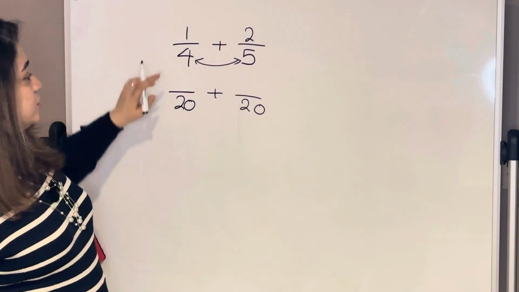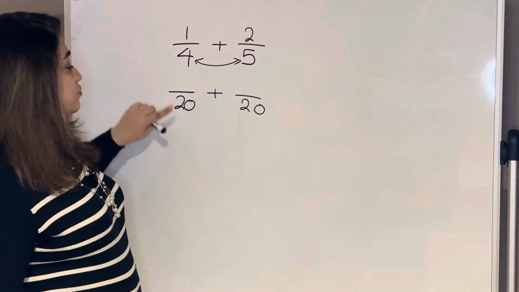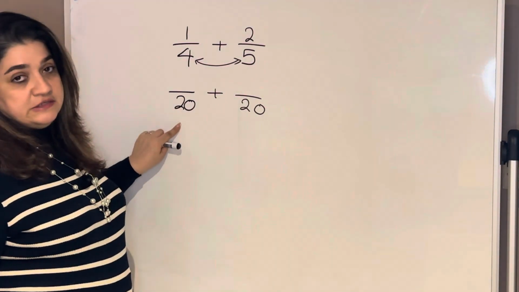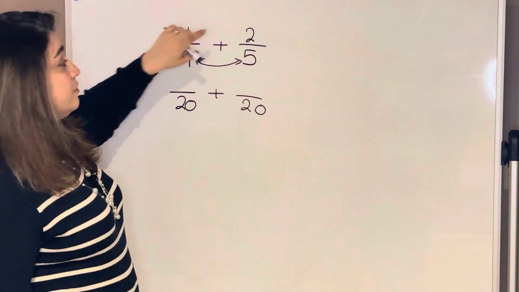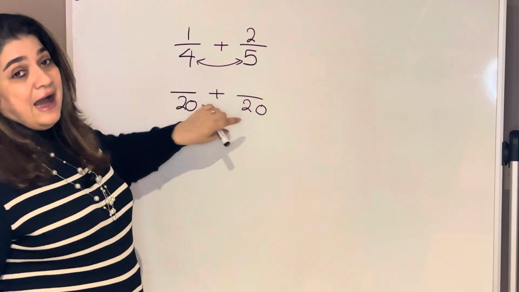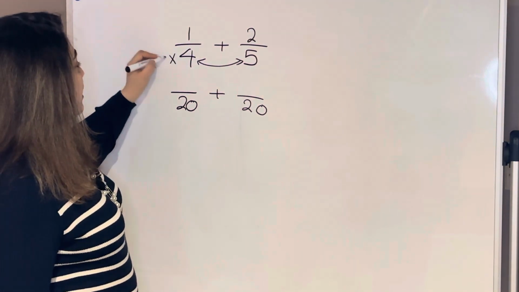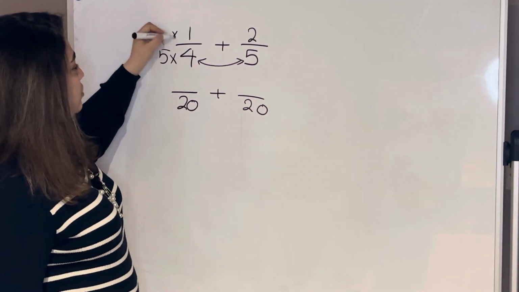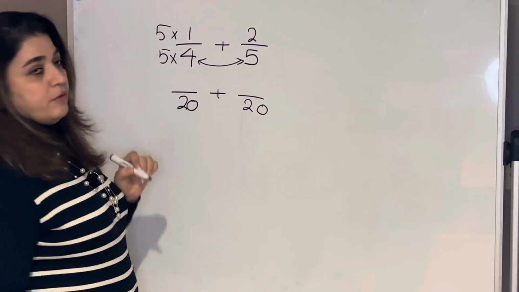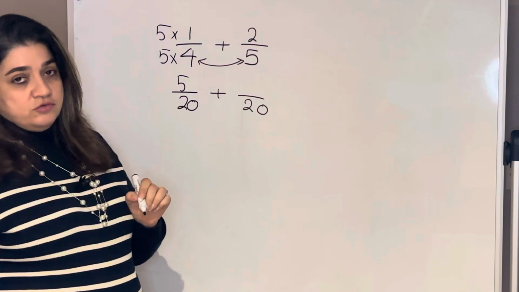So you have to find the equivalent fraction of each of them out of 20. For example, it is times by 5 to make 20. Definitely you have to times the top number by 5. So it will be changed to 5 out of 20.